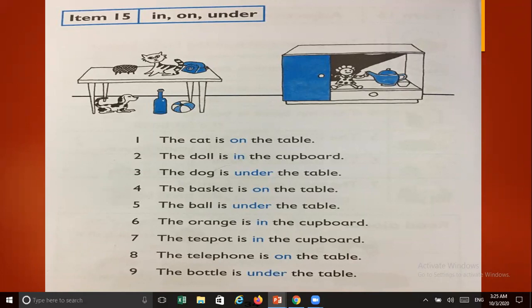Where is the telephone? The telephone is on the table. Number 9. The bottle is under the table.